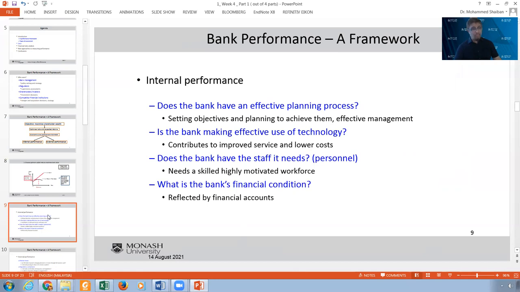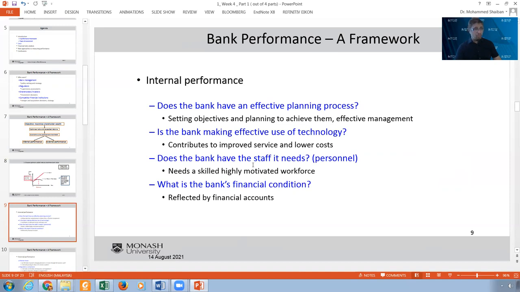And as we see, it is very important for the products, very important for the return, very important for everything, what we call the technologies. Now, also we want to see whether we have enough right people and skilled people.